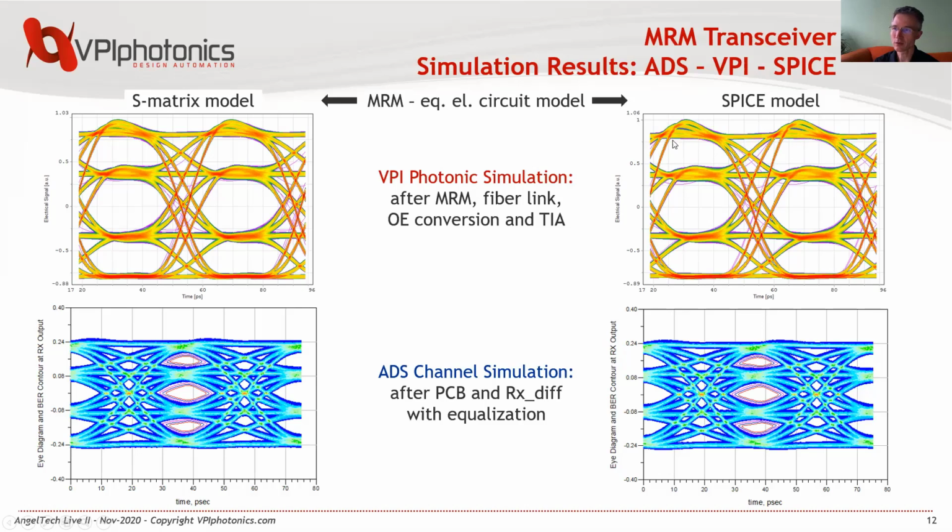We see, for instance, here the different levels of the PAM4 intersymbol interferences here. And then these plots would be after the differential receiver and equalization at the receiver side in ADS. And then we can investigate the overall bit error rate and make adjustments on the optimization of the parameters.